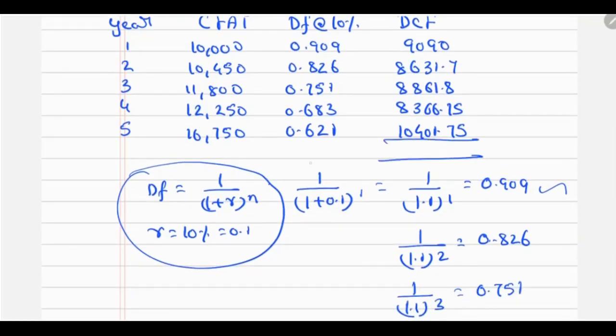Now you have to add this. When you're adding this, you'll be getting the total present value of cash inflows, which I shortly write as TPVCI. So we are getting 45,352.